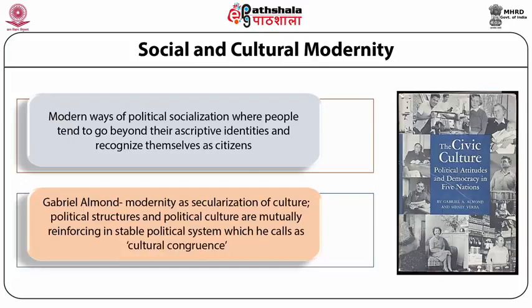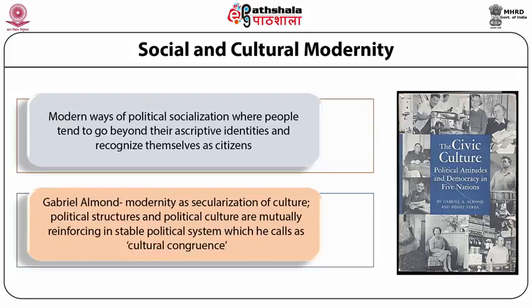In other words, in modern societies, the identity of citizenship is considered to be more important and salient than other kinds of social or parochial identities. So, people must first recognize themselves as citizens before recognizing themselves as members of a certain caste, clan, community, and so on and so forth.